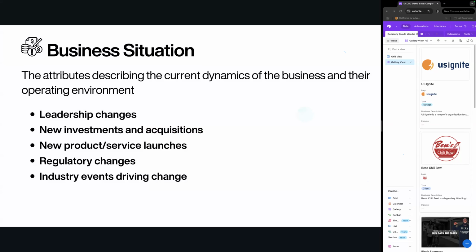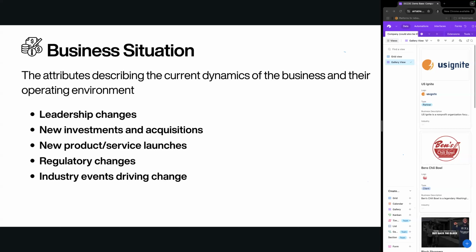Okay, so I'm going to hop into the next part. We're just going to breeze right through this. If you're B2B, business situation refers to the current circumstances a company is facing, like their challenges, their goals, their priorities, the environment they're operating within. If you take away business and look at situation, if you're direct to consumer, you can think of this as their personal situation, what's going on in their life.